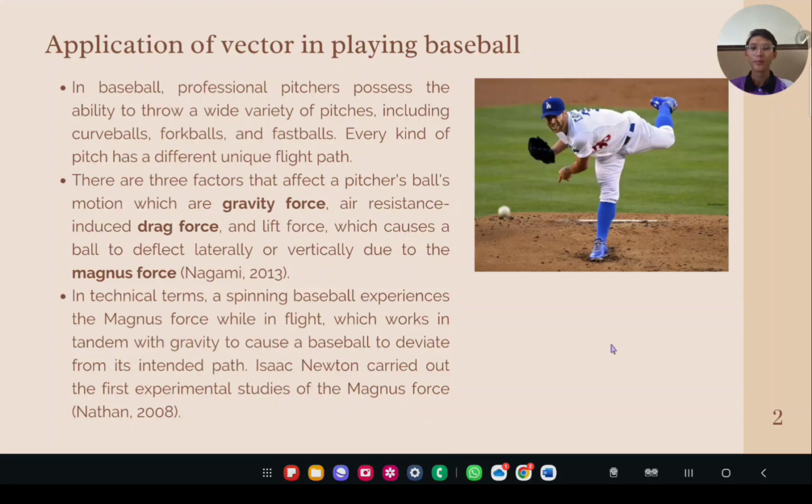So there are three factors that affect a pitcher's ball's motion, which are gravity force, air resistance induced drag force, and lift force, which causes a ball to deflect laterally or vertically due to the Magnus force.